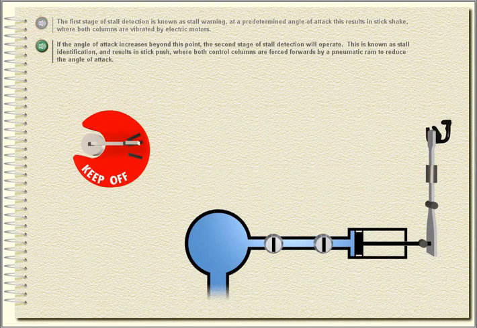If the angle of attack increases beyond this point, the second stage of stall detection will operate. This is known as stall identification and results in stick push, where both control columns are forced forwards by a pneumatic ram to reduce the angle of attack.